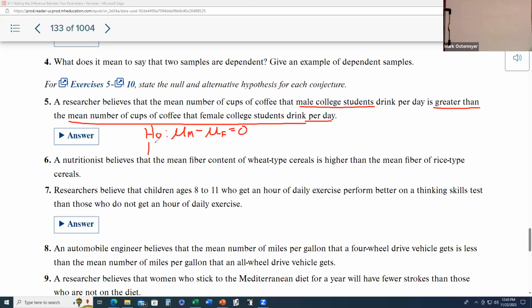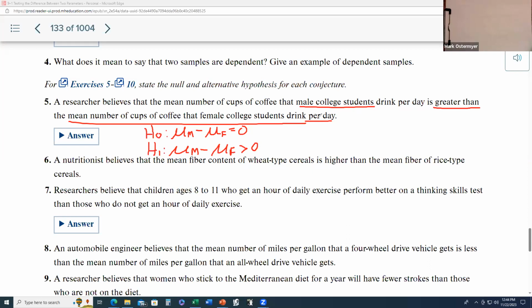And the alternative hypothesis would say that this difference is what? Greater than 0. Okay. So those would be your hypotheses that you'd be testing here.